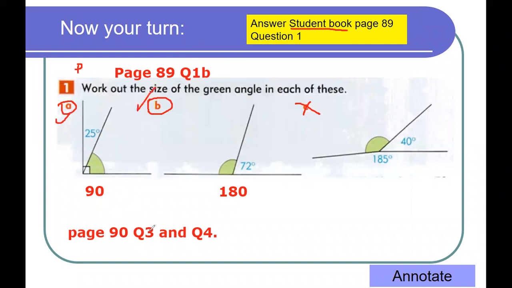And in page 90, actually it will be all, including question 3, question 4, question 1, and question 2. Show the workout correctly. Write it in your notebook and submit it to me.